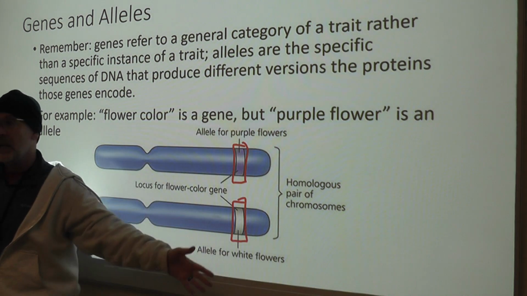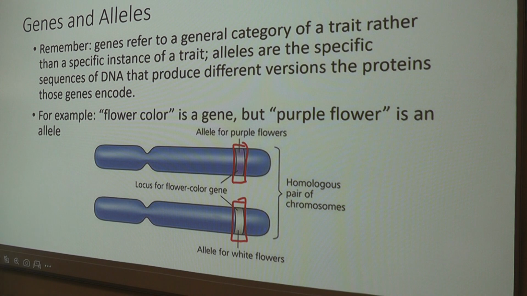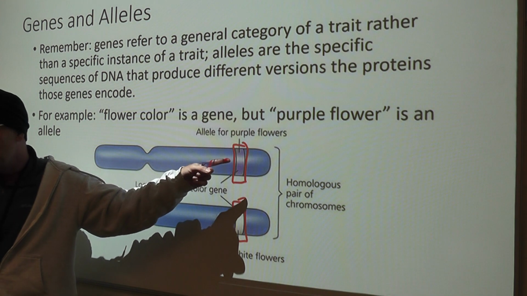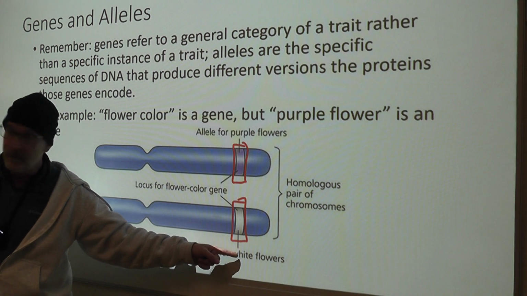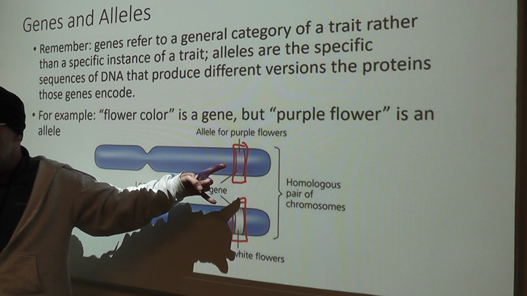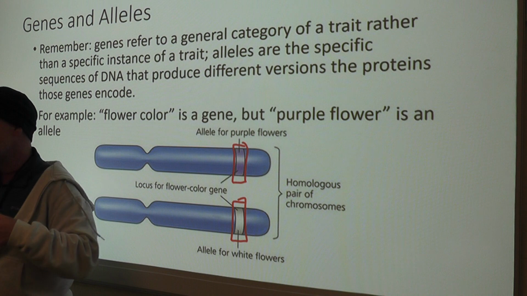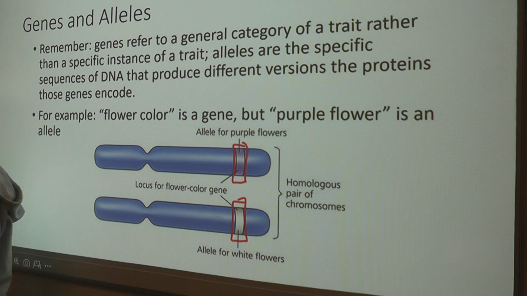That makes it a gene. Does every single plant have purple flowers? No. Some of them have purple flowers, some of them have white flowers. In some plants, these two alleles would sort of mix and you'd get pink flowers. So if every single organism has whatever category we're talking about, that makes it a gene. If only some organisms of a species have it, that makes it an allele.